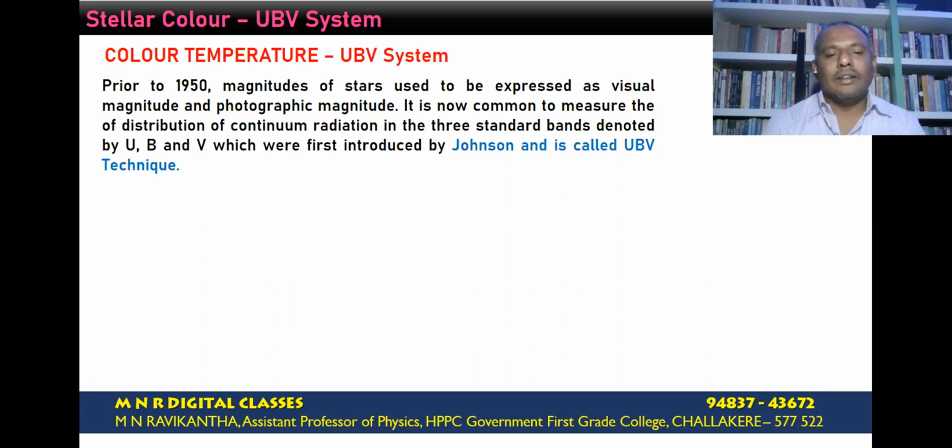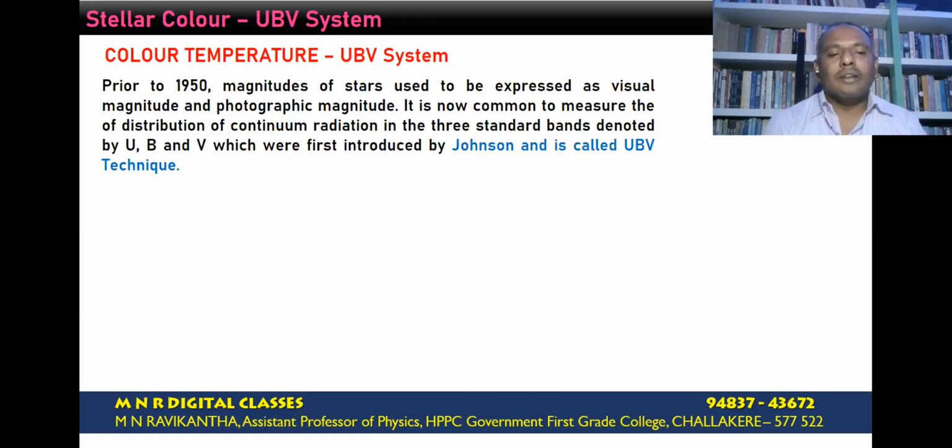In the old method, as we discussed in the previous section, color index, the photographic magnitude and visual magnitudes are measured for a given star, and hence the color index is calculated, which gives the measure of the color of the star.